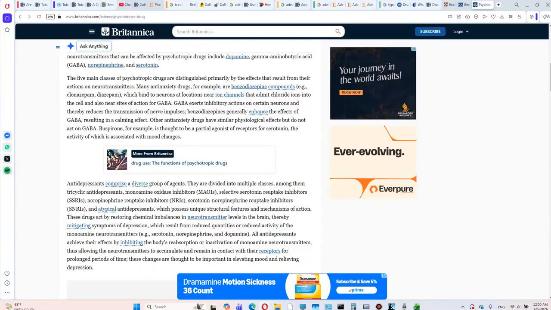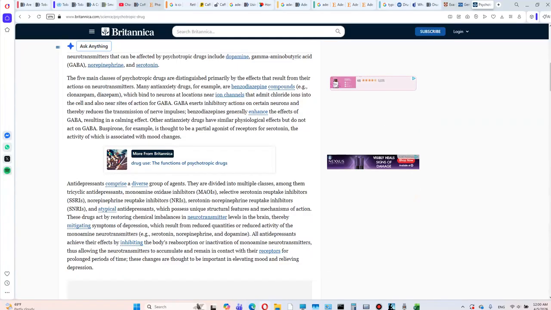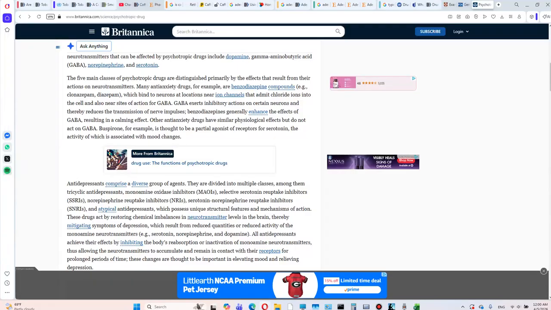GABA exerts inhibitory actions on certain neurons and thereby reduces the transmission of nerve impulses. Benzodiazepines generally enhance the effects of GABA, resulting in a calming effect. Other anti-anxiety drugs have similar physiological effects but do not act on GABA.